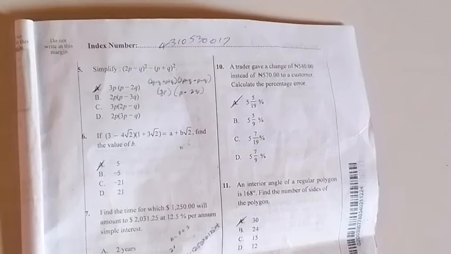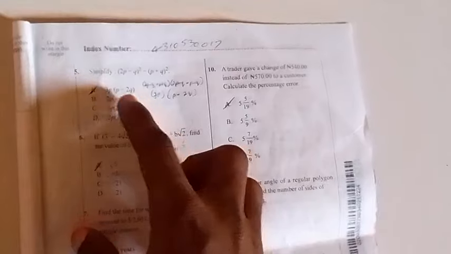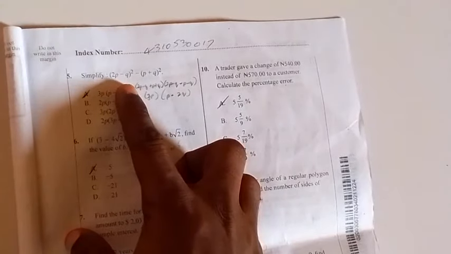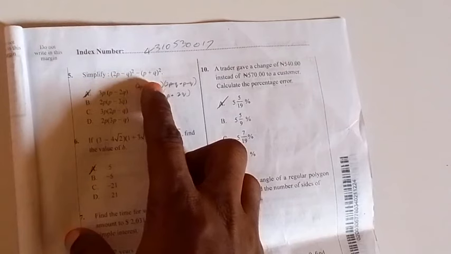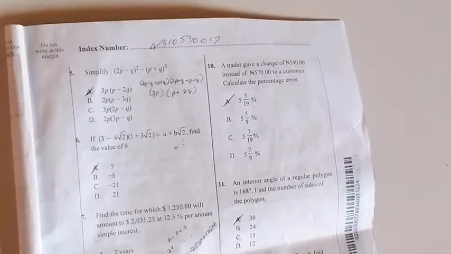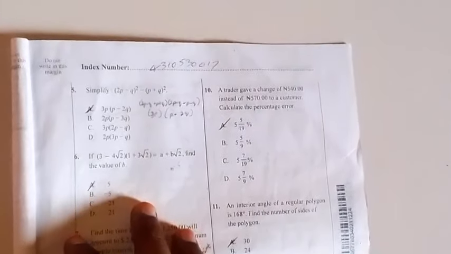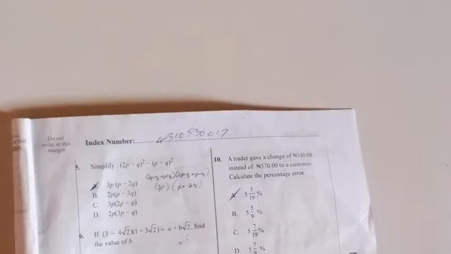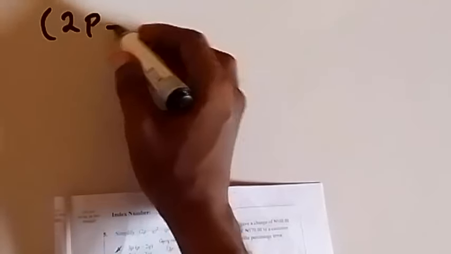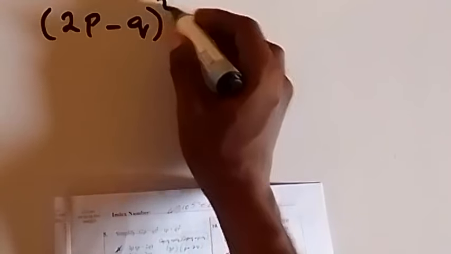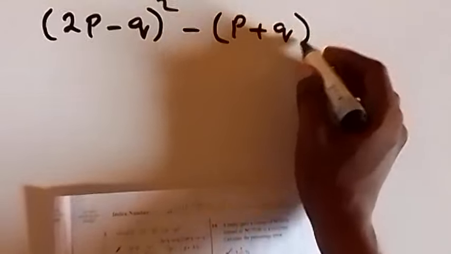Next we have number 5, and the question says simplify (2p minus q) raised to power 2 minus (p plus q) raised to power 2. This is simply difference of two squares. What we are given is (2p minus q) squared minus (p plus q) squared.